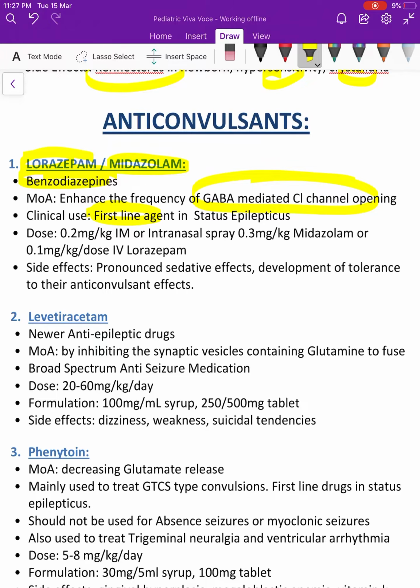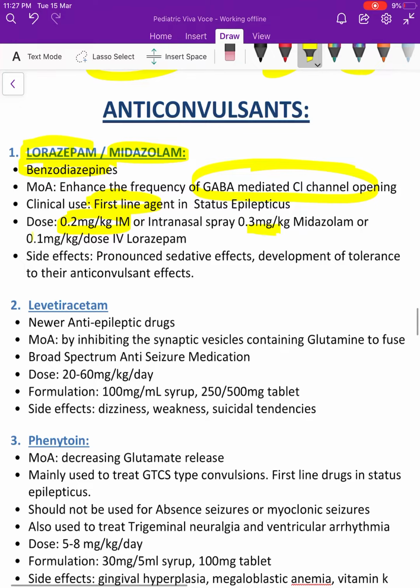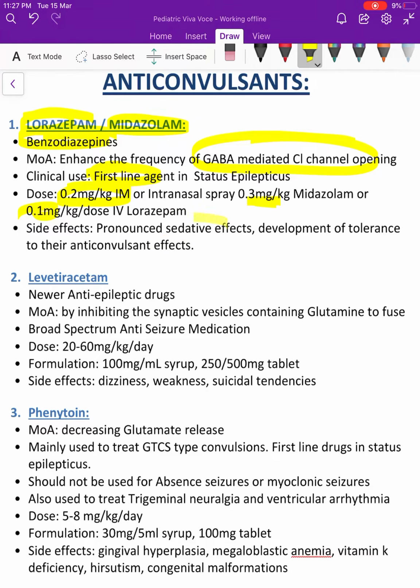Dosage is 0.2 mg per kg IM or intranasal spray, or midazolam is used as 0.3 mg per kg, and lorazepam is 0.1 mg per kg per dose. A few of the side effects are sedative effects and development of tolerance to their anticonvulsant effects.